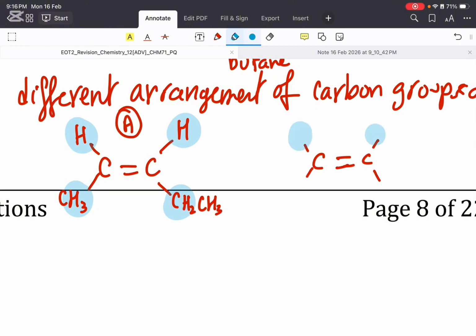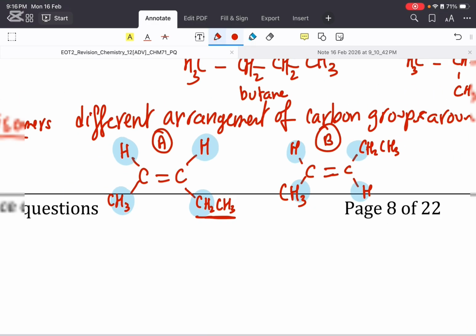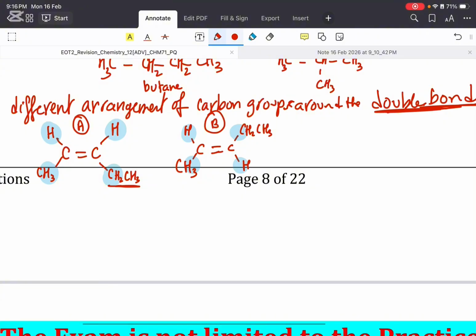So again, these are the groups around the C double bond C. If this group, I wrote it up in here, and I didn't change the other one, I would say A and B are geometric isomers because the arrangements around the double bond are different. And more specifically, this is a trans and this is cis.